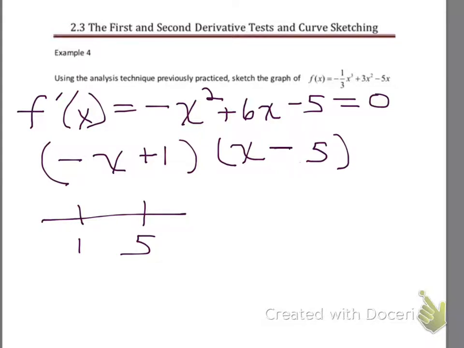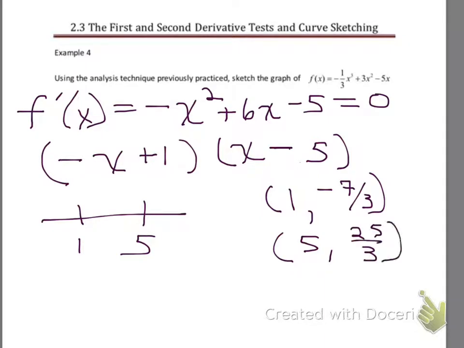If I plug 1 into the original equation, I will get negative 7/3, I believe. If I plug 5 into my original equation, I will get a positive 25/3.